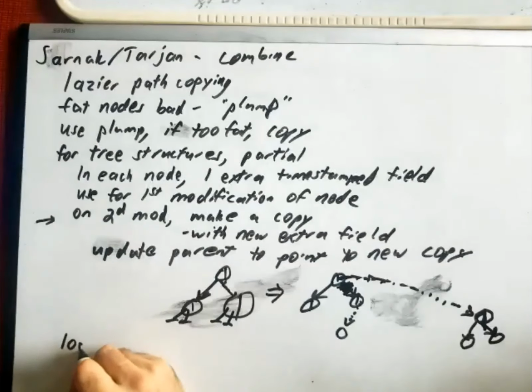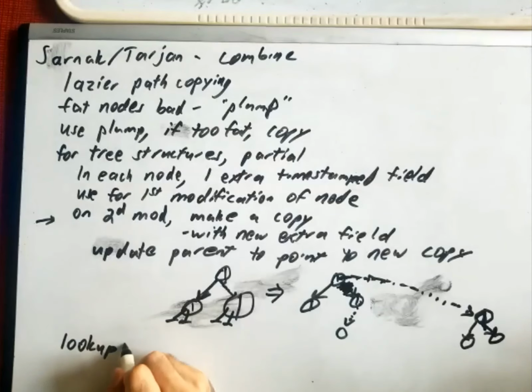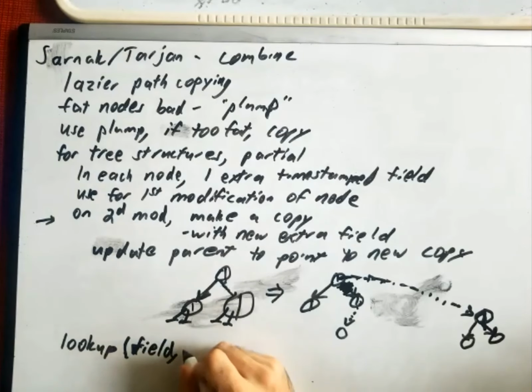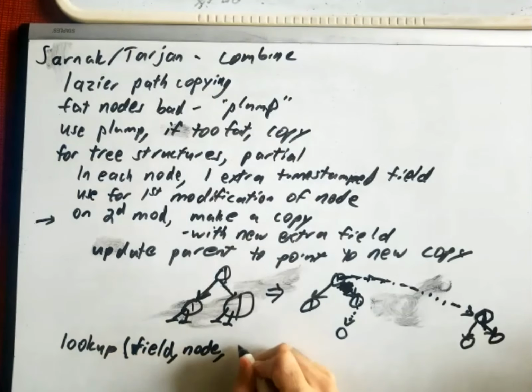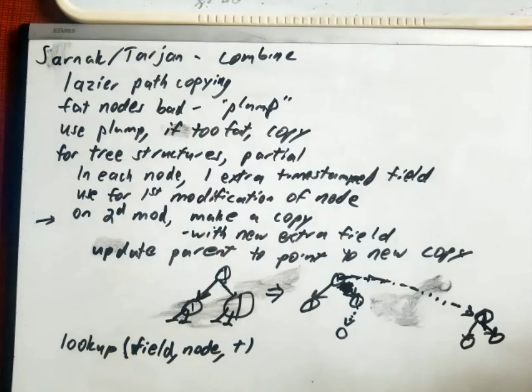So if we make modifications like this, what do the lookup steps look like? If we want to look up a particular field of a particular node at a particular time t, how do we do it?